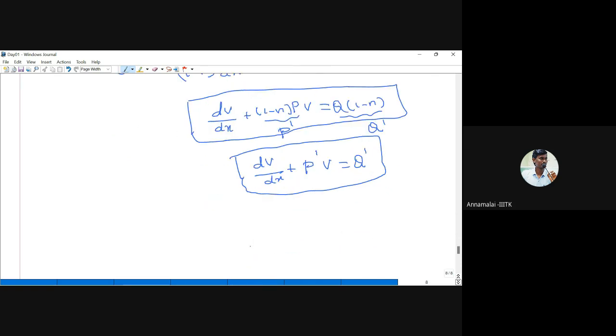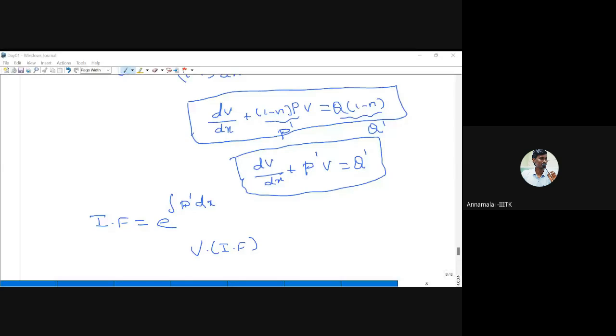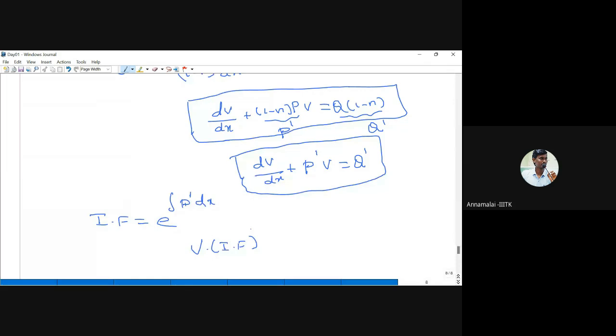Now we know the solution. First we have to find the integrating factor. What is the integrating factor of this new equation? It is e power integral of p dash into dx. Once you find the integrating factor, the solution is not y but v into the integrating factor, because the new equation is in terms of v.